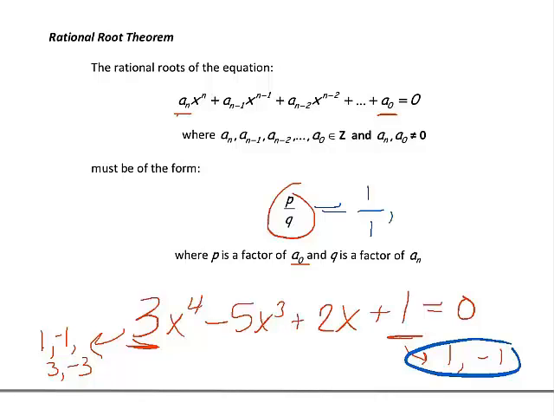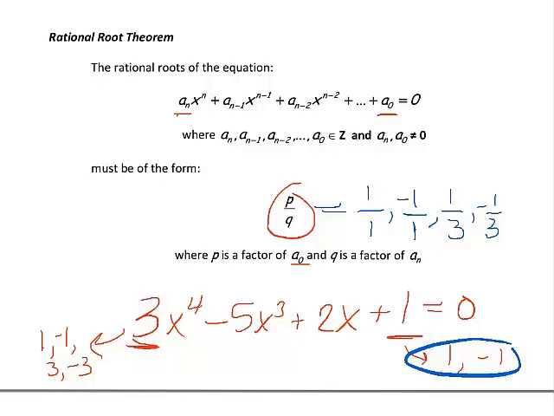We could have negative 1 over positive 1. We could have 1 over 3 or negative 1 over 3. I think that covers it. So there are 4 possible rational roots to this equation. That doesn't mean that they definitely are, but if they exist, they have to be of this form.